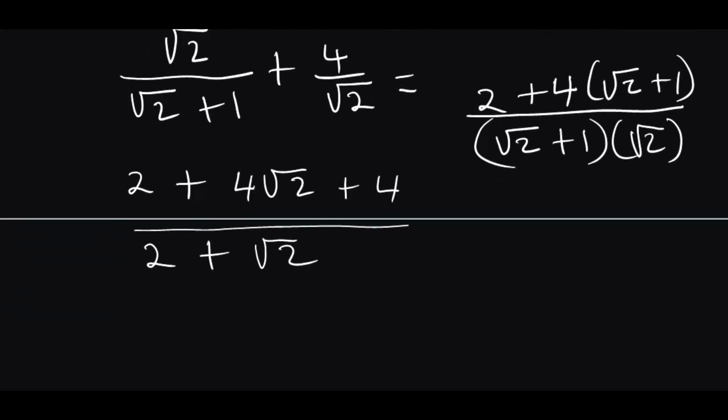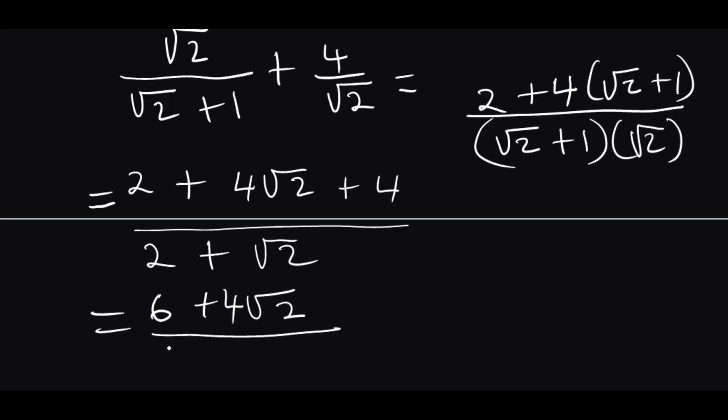Right, moving on. 2 plus 2 plus 4, there is what? There is 6 plus 4 square root of 2 all over 2 plus square root of 2.